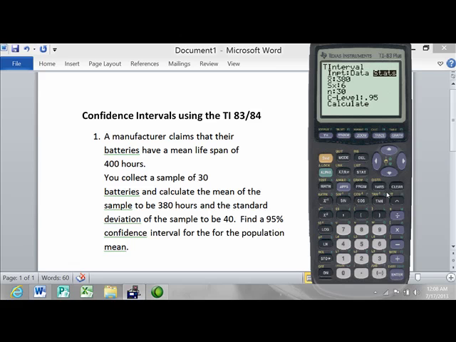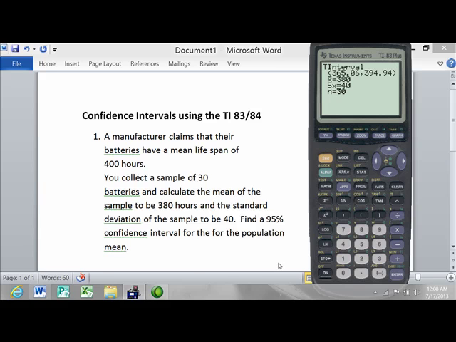You click Enter, and here we'll click Enter on Stats, and the mean is 380 like we had before, but the standard deviation is Sx. Notice Sx, that's for the sample, and that's going to be 40. And the sample size is 30, confidence level is 0.95, and so we calculate that.